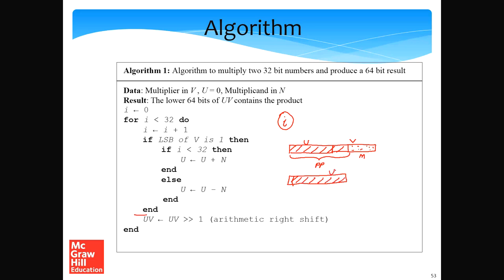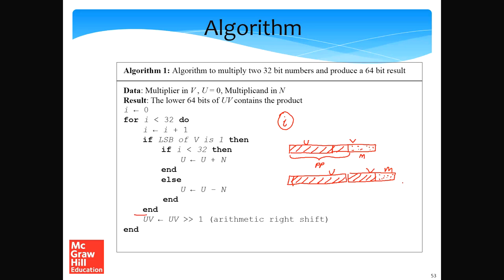This is for register U, and again for register V, the partial product will again come here, and we will have the remaining set of multiplier bits, where one bit just fell out because of the right shift operation.